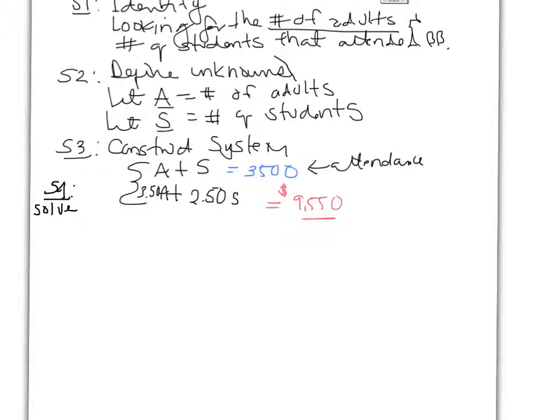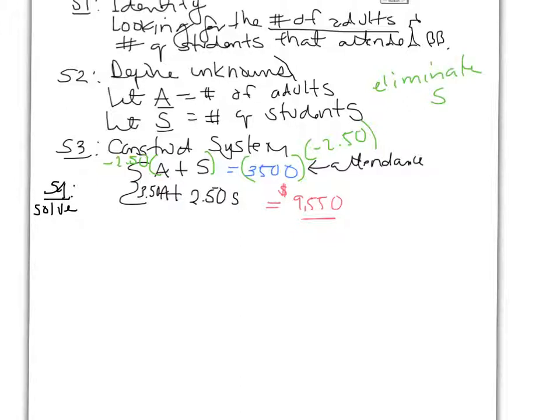I'm going to multiply, let me use another color here. I want to get rid of, let's just eliminate S. So I'm going to multiply by negative 250. The goal is to eliminate, so this will hopefully eliminate S.